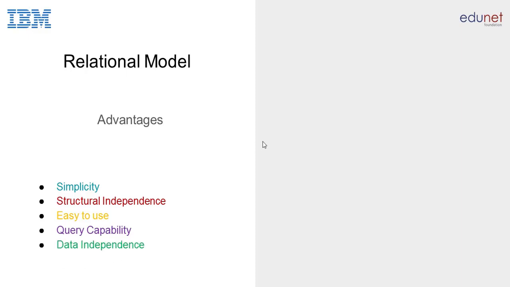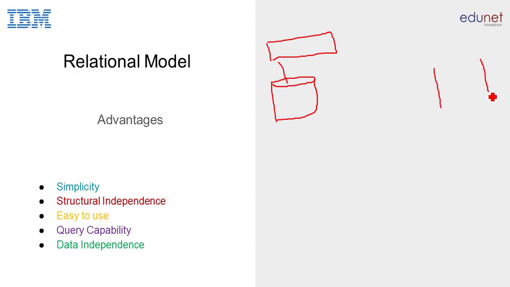Next, data independence. Let's see an example. Suppose this is my database, and inside this database I have one table. Suppose I have two databases. Let's take another database, and here also there is a table.